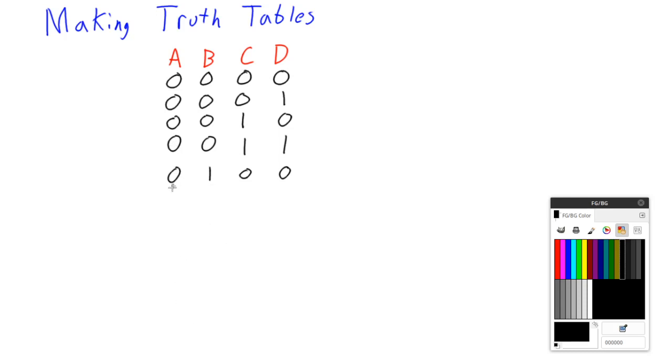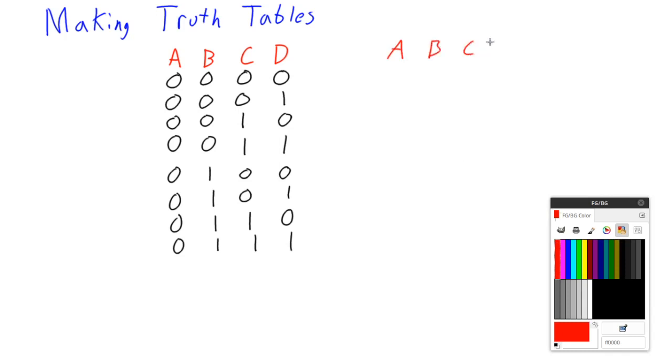So let's now just continue counting here. So the next one we've got is 0, 1, 0, 1. And then after that, we've got 0, 1, 1, 0, 0, 1, 1, 1. And then we roll over. So normally we would have this all in one kind of big column table, but since I'm a little out of room, I'm just going to keep going on the other side here.